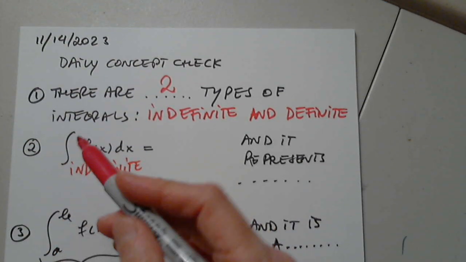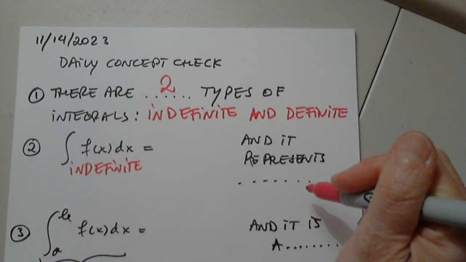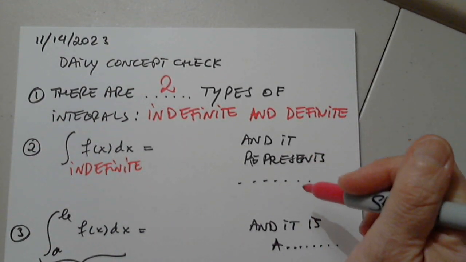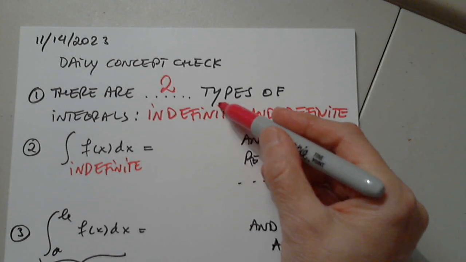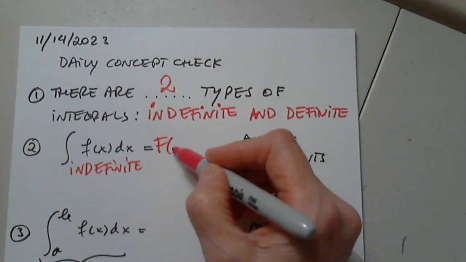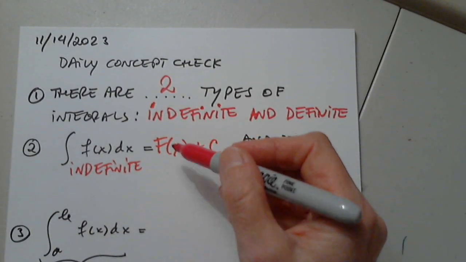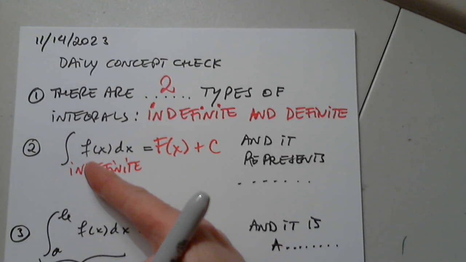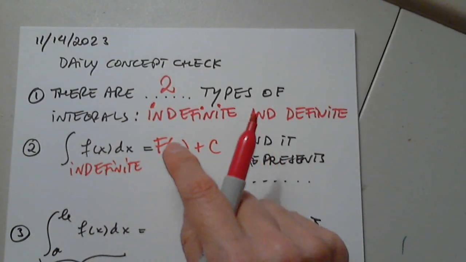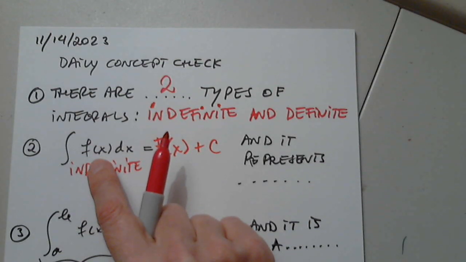What is the answer? How do I find an indefinite integral? And what does it represent? It's F of x plus C. Yes. So the notation is the uppercase F of x because this is the antiderivative of this function. In other words, if I differentiate this function, I get that one.